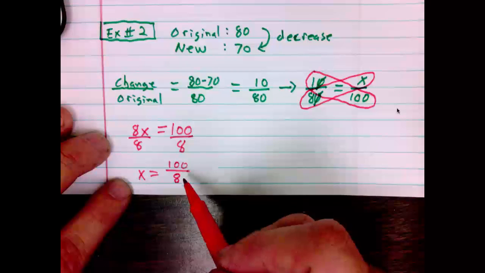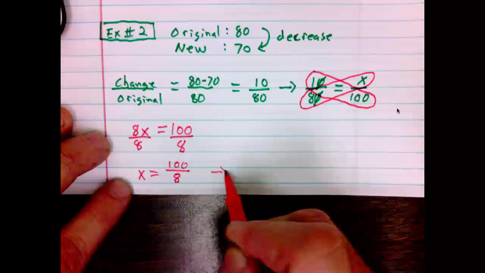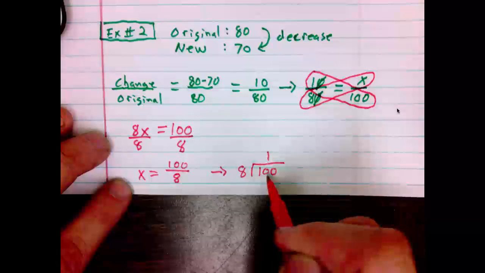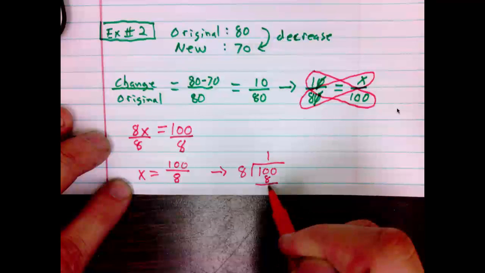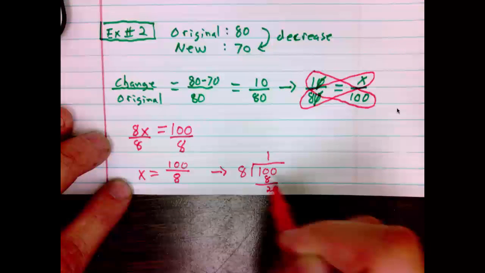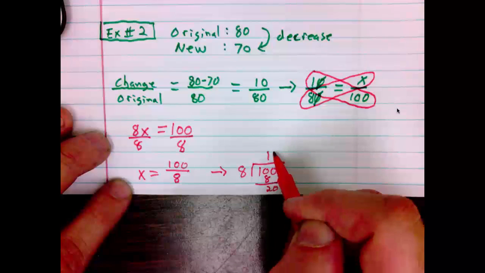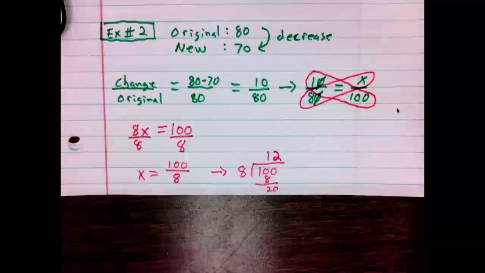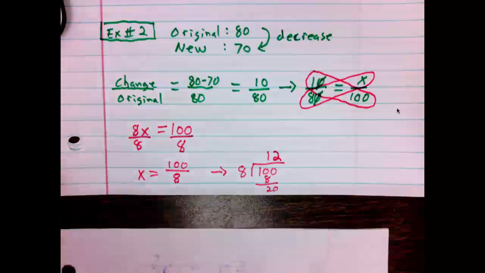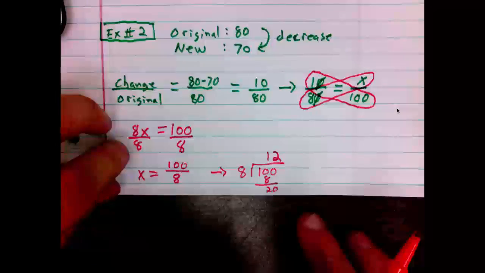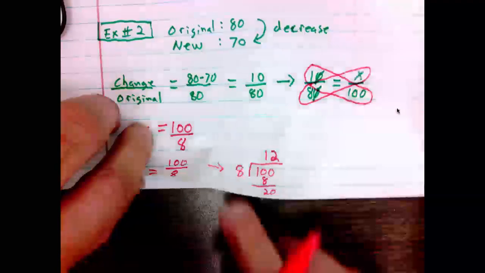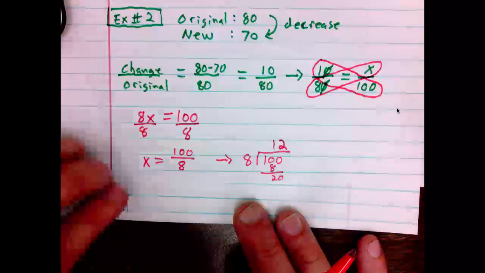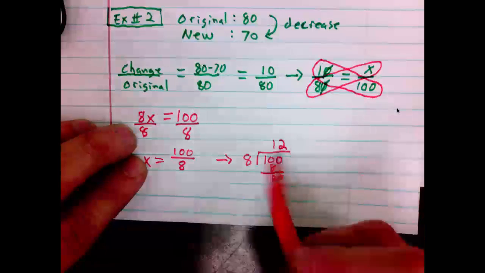We will now divide 8 into 100. 8 goes into 10 one time. Subtract, I get 2. Bring down the 0. 8 goes into 20 twice. 2 times 8 is 16.